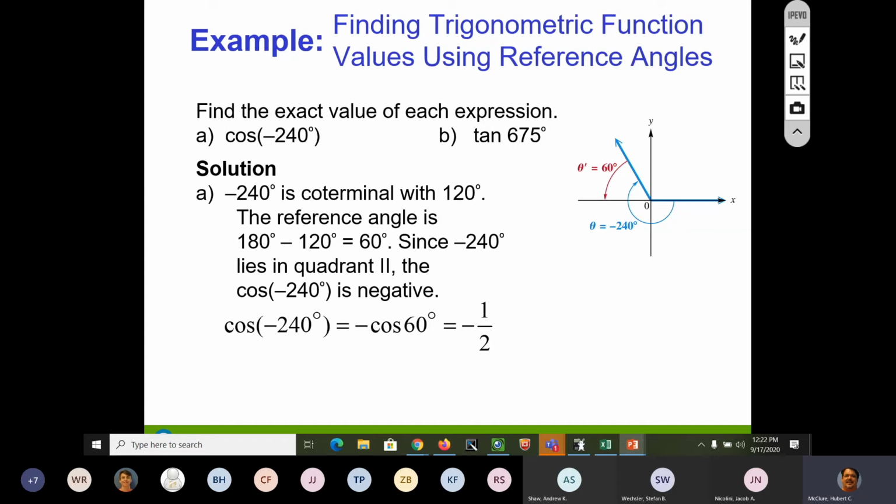So I'm going to do 675 minus 360. That'll be 315. So that's a positive 315. And that's going to leave us with a 45-degree angle: 1, 1, square root of 2.